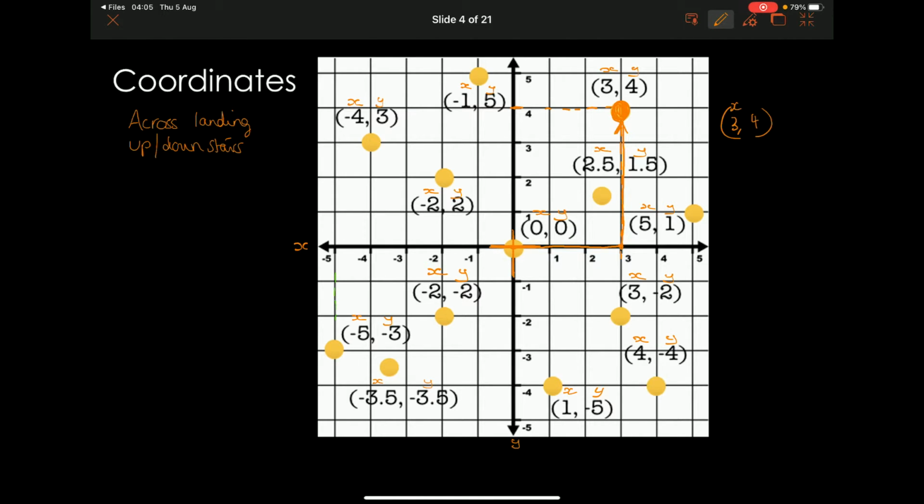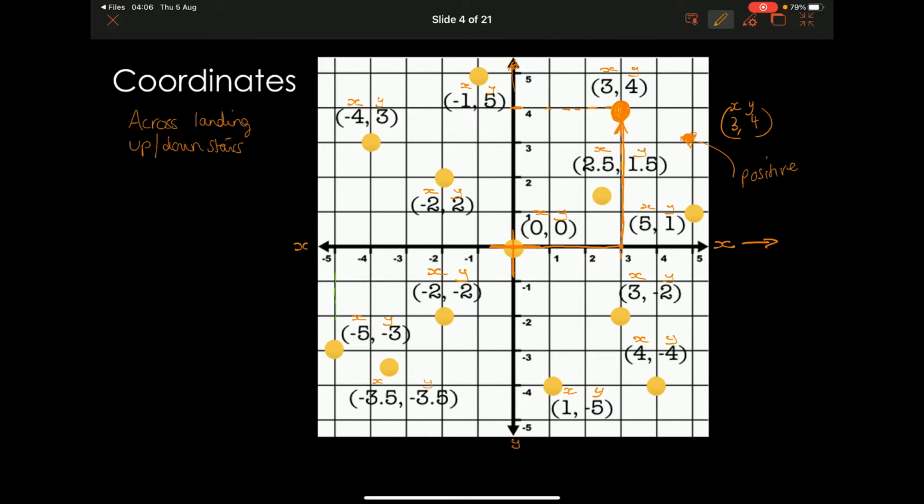So our x-coordinate is 3, our y-coordinate is 4. You'll notice that everything in this quadrant is positive, because we only have positive x values and positive y values going up there.